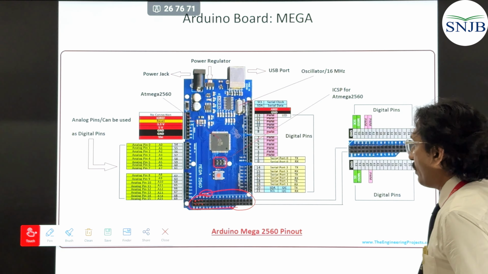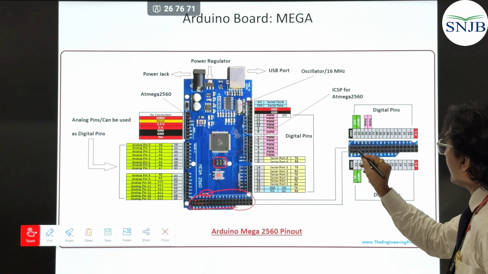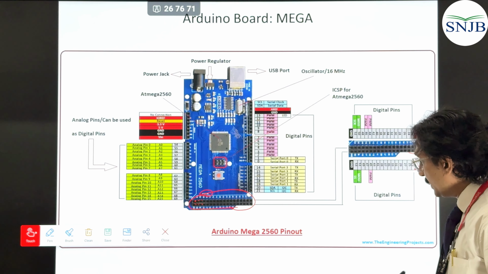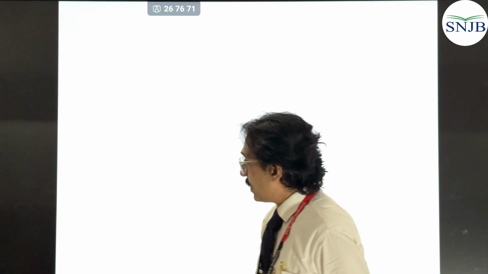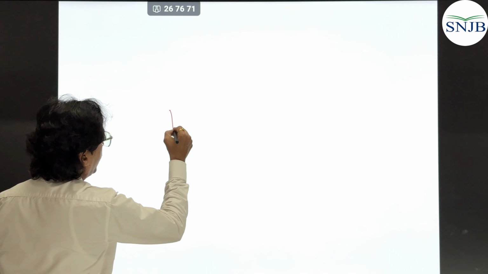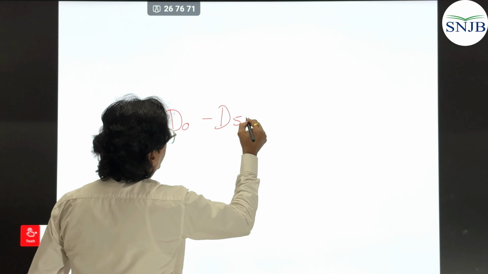As far as this development board is concerned, here you can see that these are the digital input output pins. How many digital input output pins are there? 54. So 54 digital input output pins are there, meaning D0 to D53.